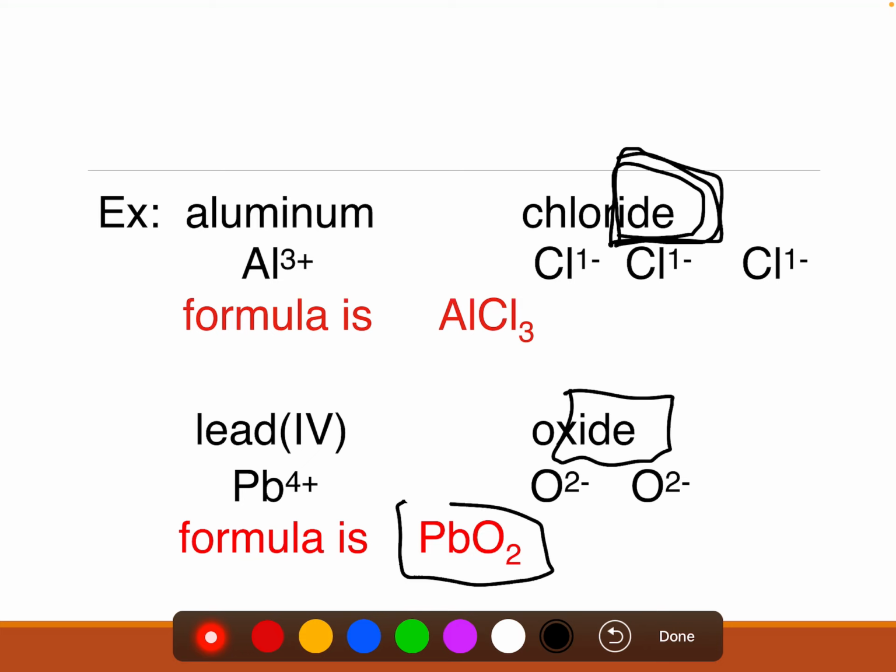Okay, so if you know you have lead and oxygen, first thing you got to do, since it's lead, you don't know the charge, you got to figure out the charge. Well, oxygen's always -2. If each oxygen's -2, that means you got a total of -4. Lead would have to be +4, so lead 4, just say the Roman numeral like a number, and then oxide, because it's an anion.